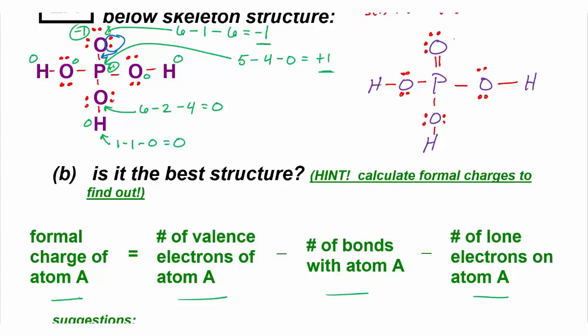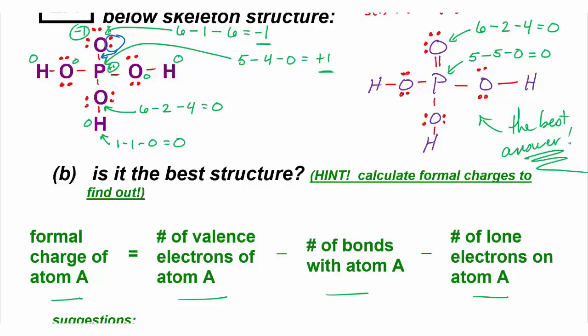So now let's recalculate those formal charges. For this oxygen, we'd have 6 minus 2 bonds minus 4 lone electrons. We got 0. For the phosphorus, 5 valence electrons minus 5 bonds, no lone electrons, 0. So we got 0 for everything. This is the best answer. That's the best Lewis dot structure that we can draw.